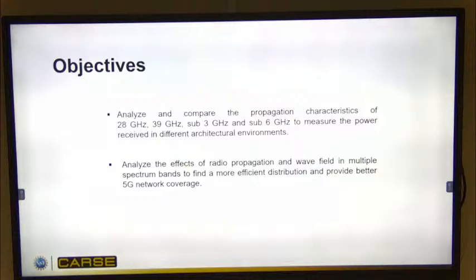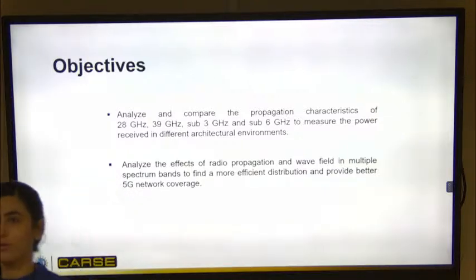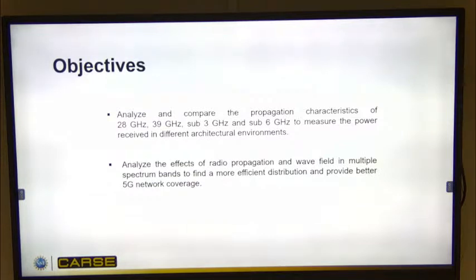And the second one is to analyze the effects of radio propagation and wave field in multiple spectrum bands to find a more efficient distribution and provide better 5G network coverage.